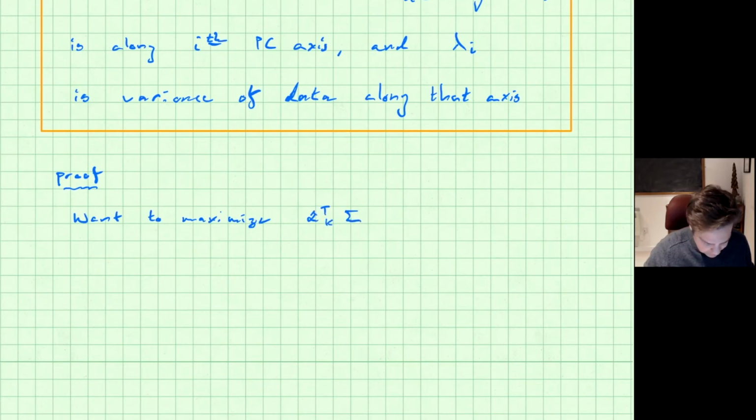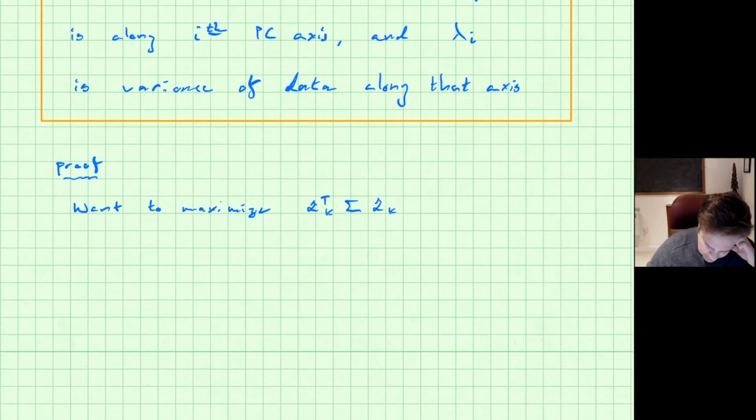These are the variances. So we want to maximize that. That's from claim 1. If you want to do that, that's the same as a different maximization. This is some deep, clever trick.